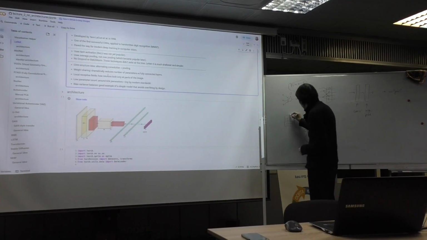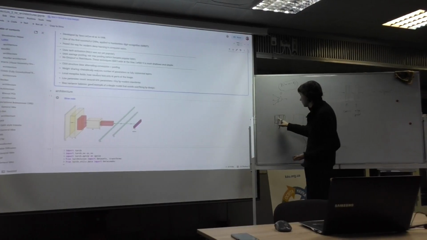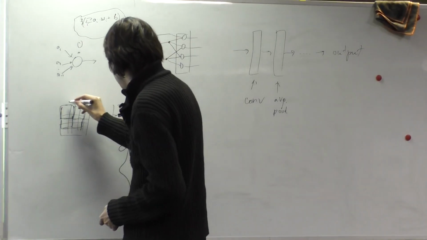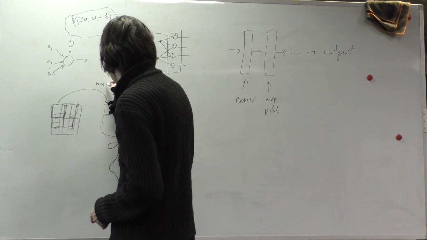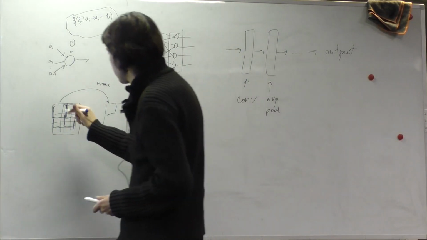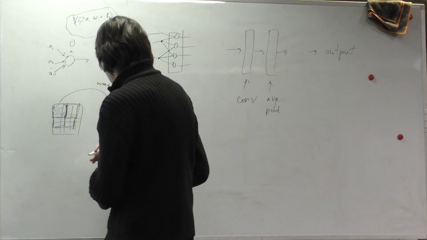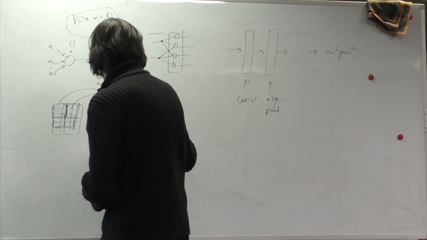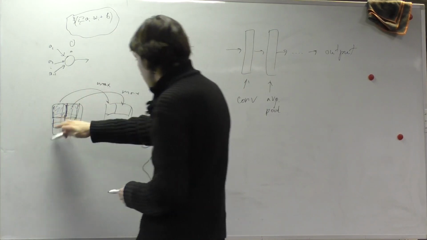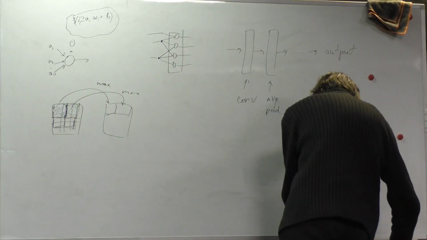You split it into parts like this one. I'm taking parts like 2 by 2, and in the case of average pooling, I'm calculating an average. In the case of max pooling, I'm calculating the max value. So here I set the max value out of these four numbers, and in here I will set the max value from these four numbers, and so on and so forth. So you get the idea.